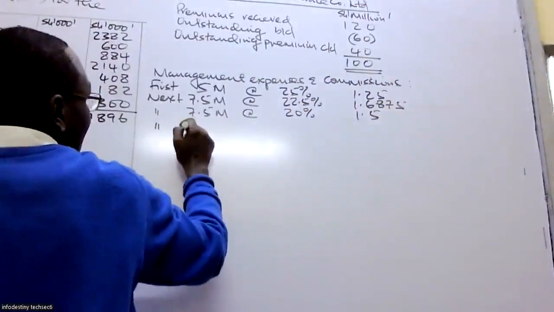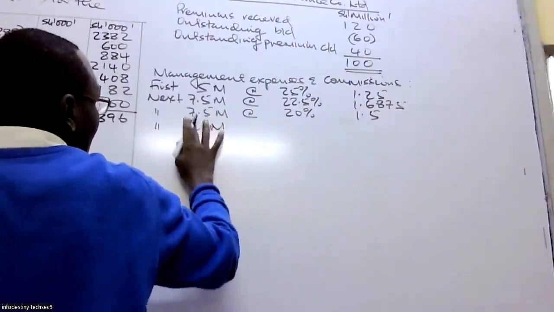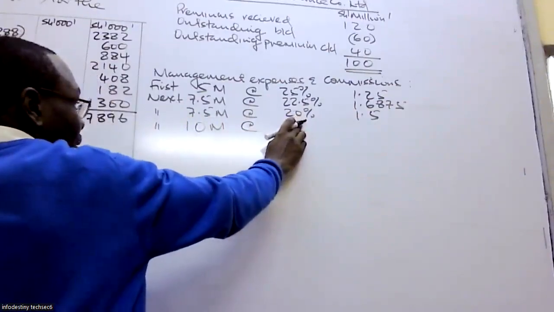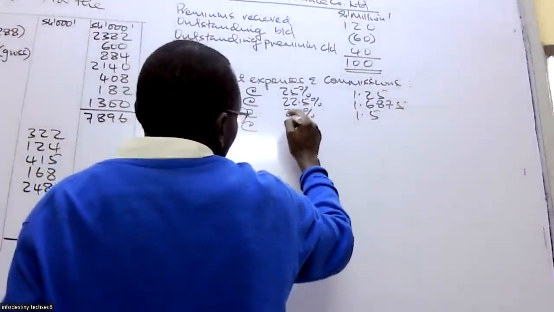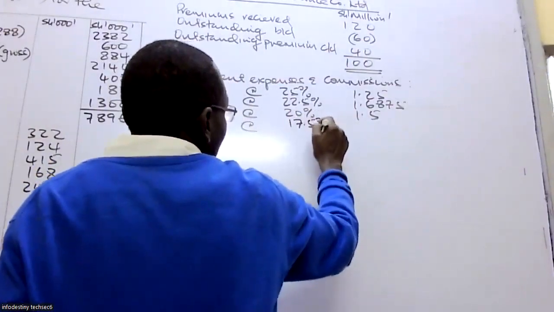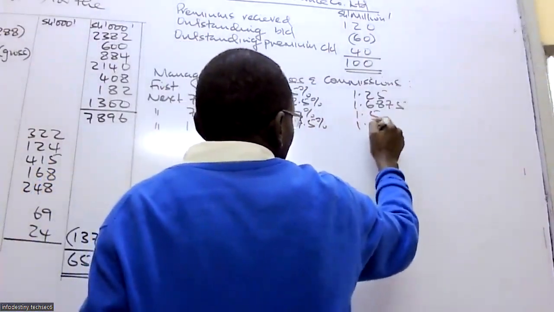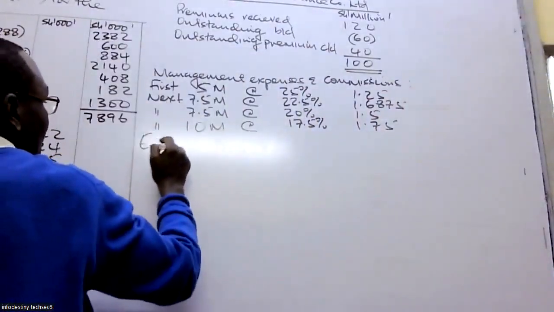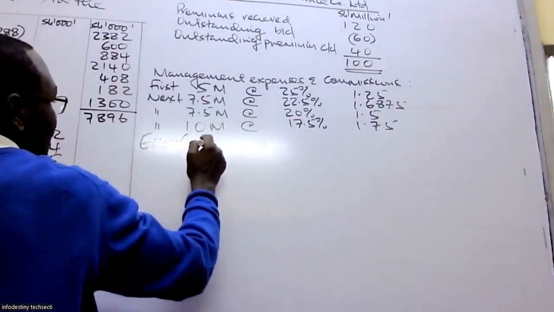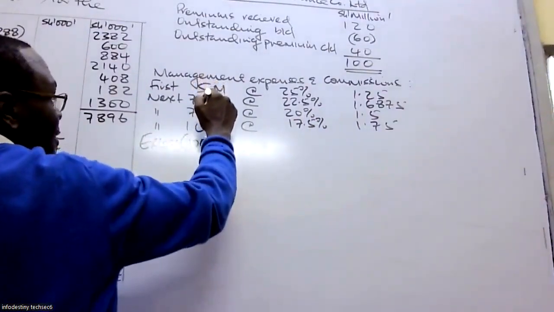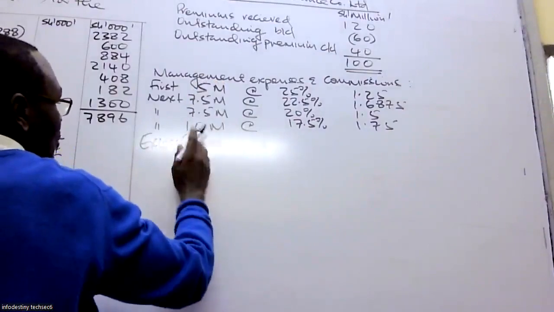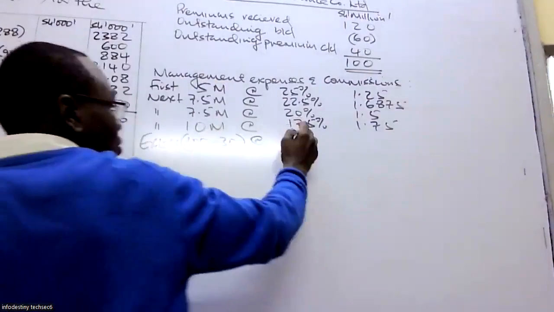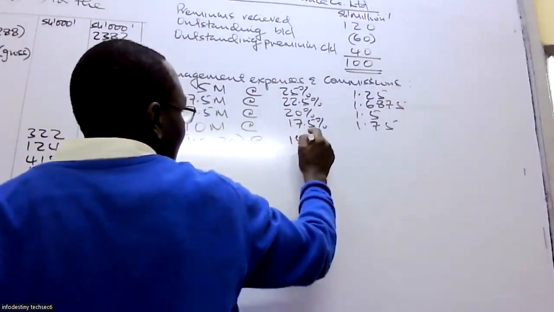Then the next, 10 million. This one reduces again by 2.5 to 17.5%. That would be 1.75. Then you get excess. Excess is going to be 100 million. If you add this, you get 30 million. Again, you reduce this by 2.5.